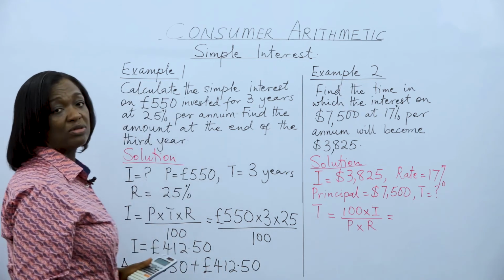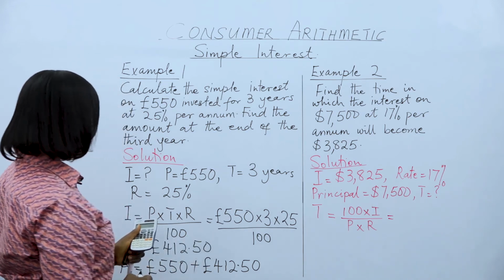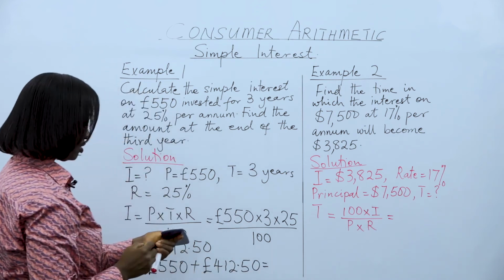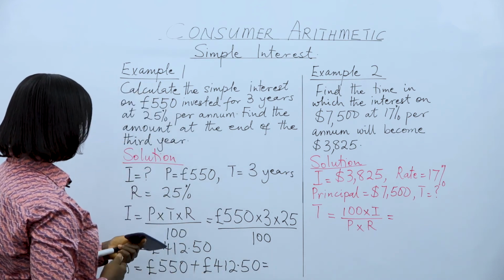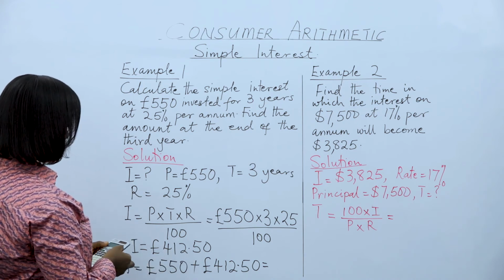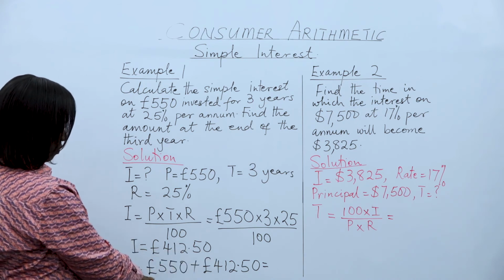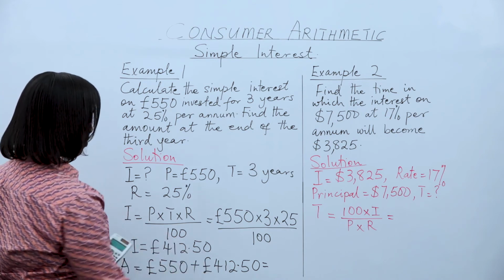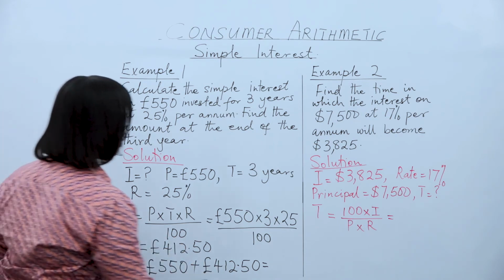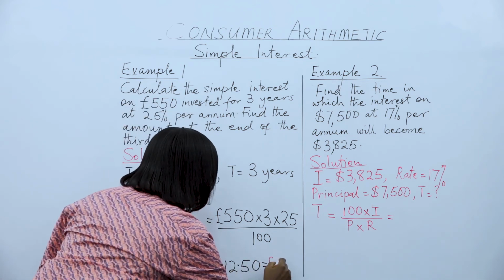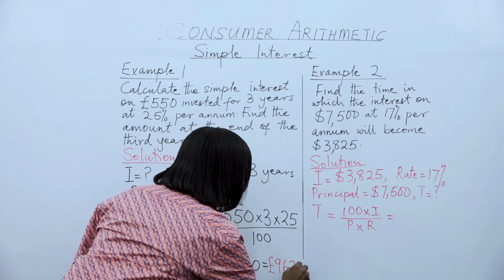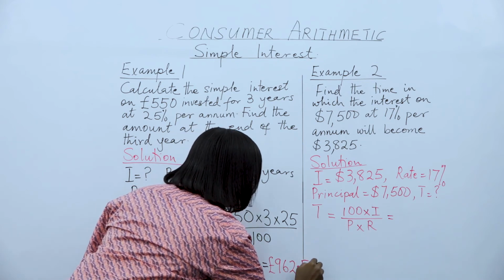So the total amount at the end of the 3 years is equal to the sum of both, 550 pounds plus 412.50. That gives us £962.50.